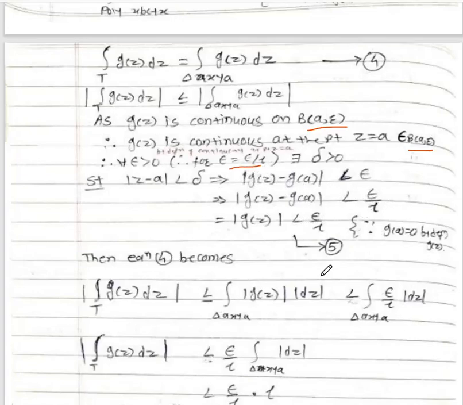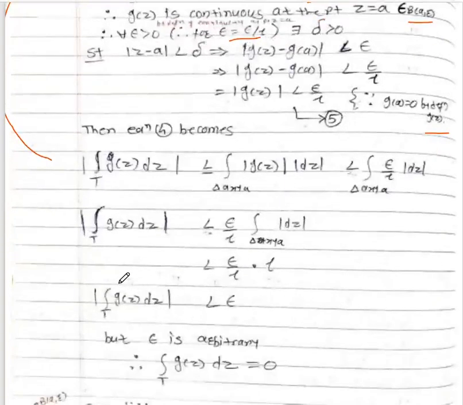But we know that g of a is 0 by the definition of g of z from equation number 1. So this can be written as mod g of z less than epsilon by L. So this is equation number 5. Now we will use equation number 5 in equation number 4. Then the integral over T of g of z dz is less than or equal to the integral over the triangular path AXY of mod g of z into mod dz, and putting the value of mod g of z, that is epsilon by L, times mod dz.